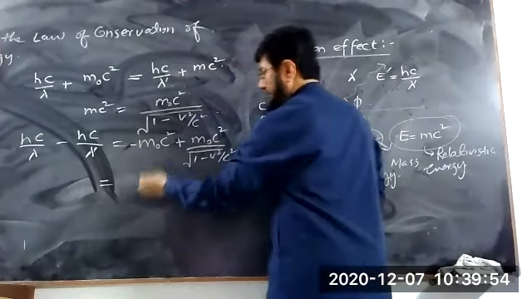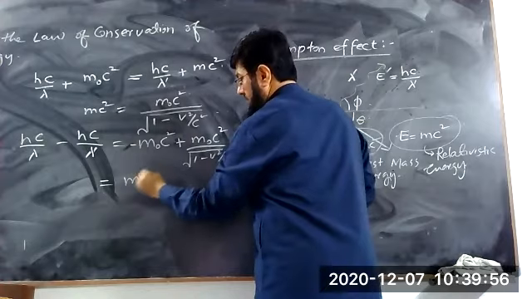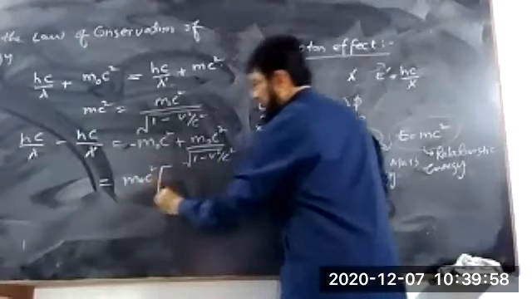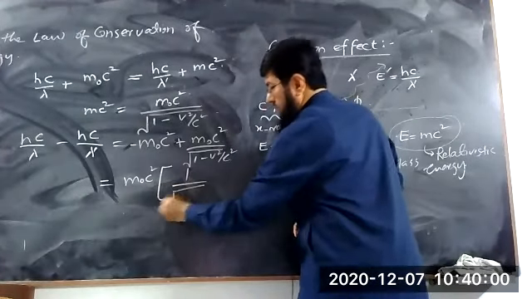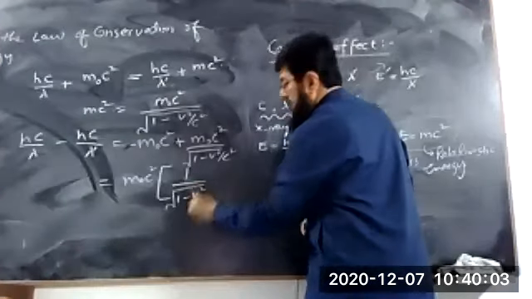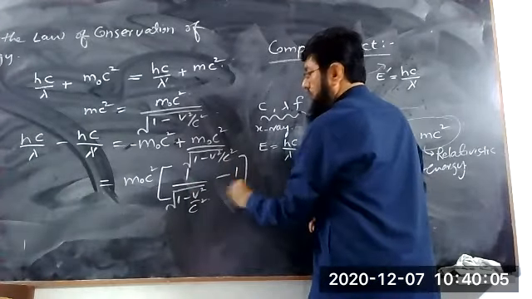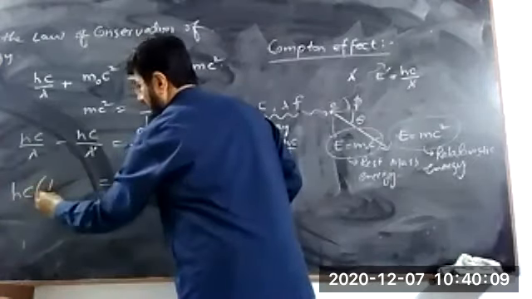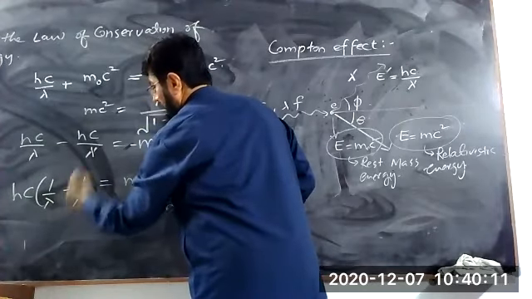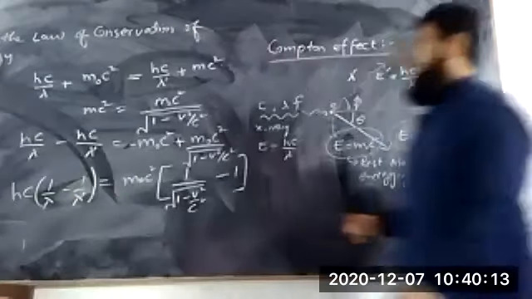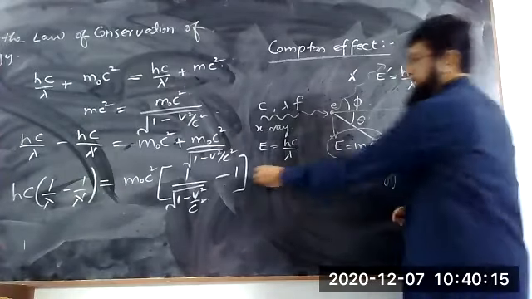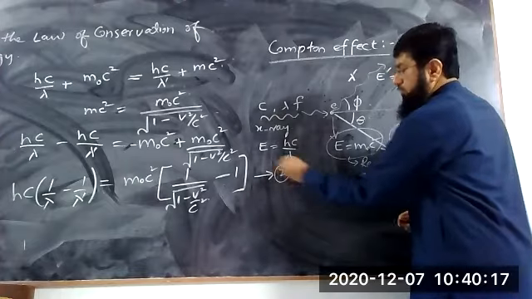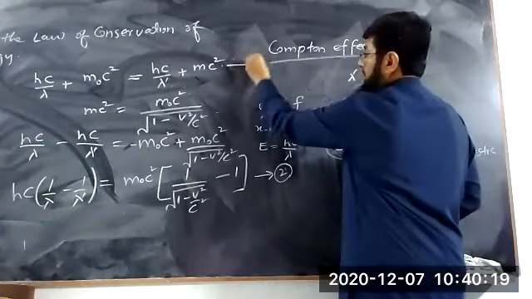This can be rewritten as m naught c square into 1 over the square root of 1 minus v square over c square minus 1. So this is equal to hc times 1 over lambda minus 1 over lambda dash. This is equation number 2, and this we call equation number 1.